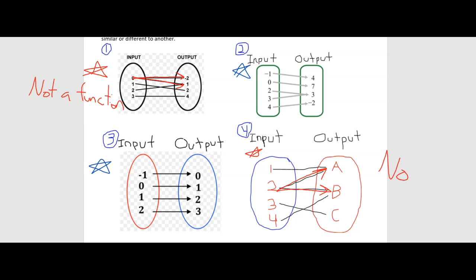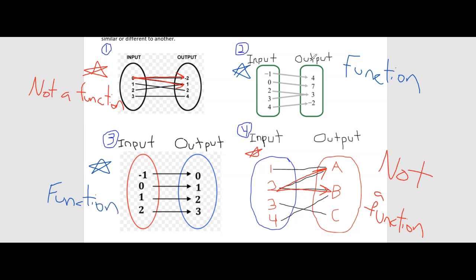Number 4 would also not be a function. Number 2 is a function, and number 3 is also a function. Let's go to the next page and really try to tie down these vocab words.